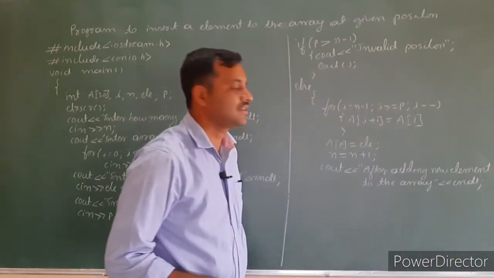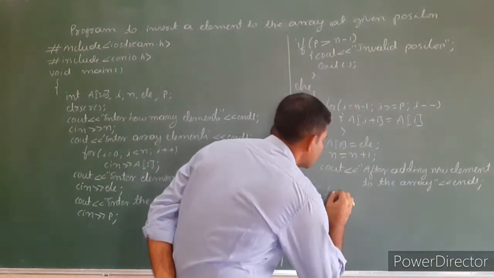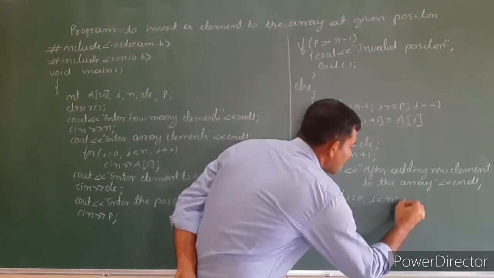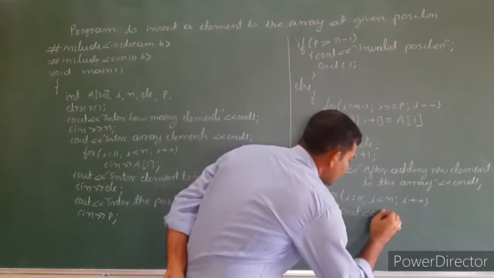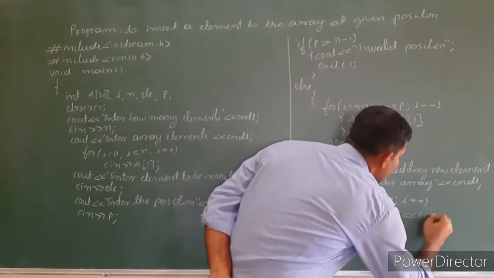Just after adding the new element to the array, we have to print the array elements. For that, for i equals 0, i less than n, i plus plus, cout a of i value and endl.